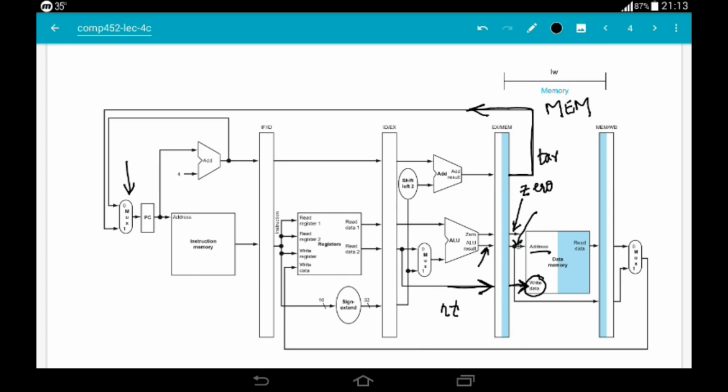So now this goes into the address input, and you can see that the right half of the data memory is shaded.